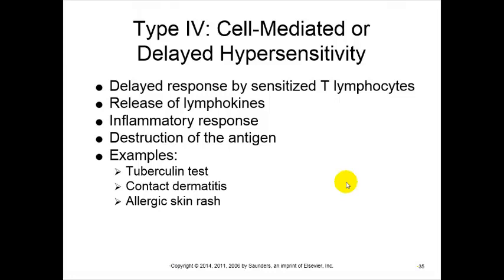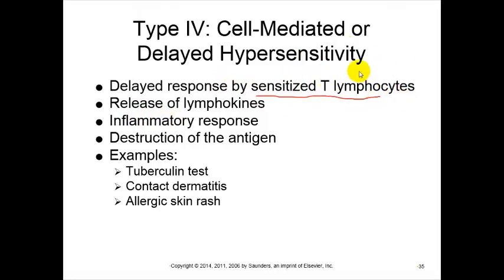Then lastly, but not least, is cell-mediated or delayed hypersensitivity. This is type 4. Okay, so it's delayed. And since it's cell-mediated, we know we're dealing with T cells. And it is delayed. It can take 24 to 48 hours for it to happen. It's a delayed response to the allergen. Basically, an allergic reaction, but it's due to sensitized T lymphocytes.